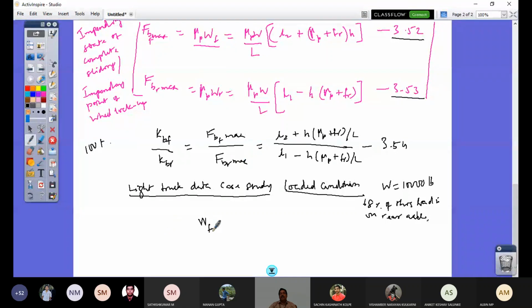WF is equal to WL2 by L. So now how much is this? That's going to be 68% of total W, that's 0.68 times W. So W goes off. So I get L2 by L is 0.68.